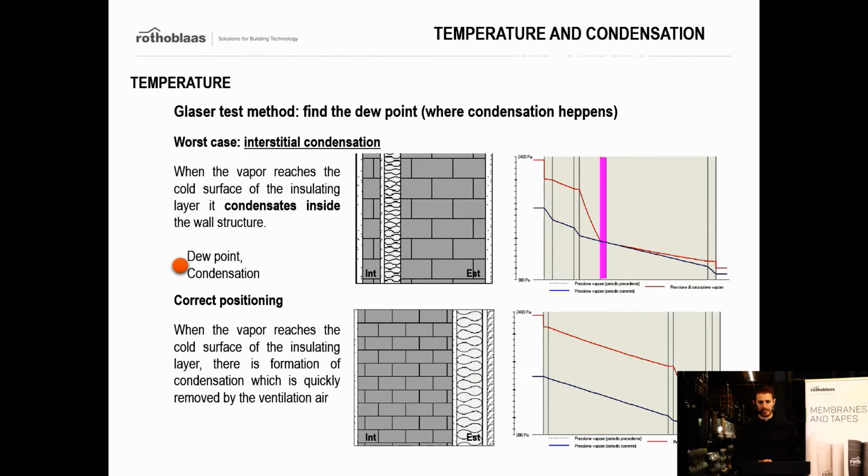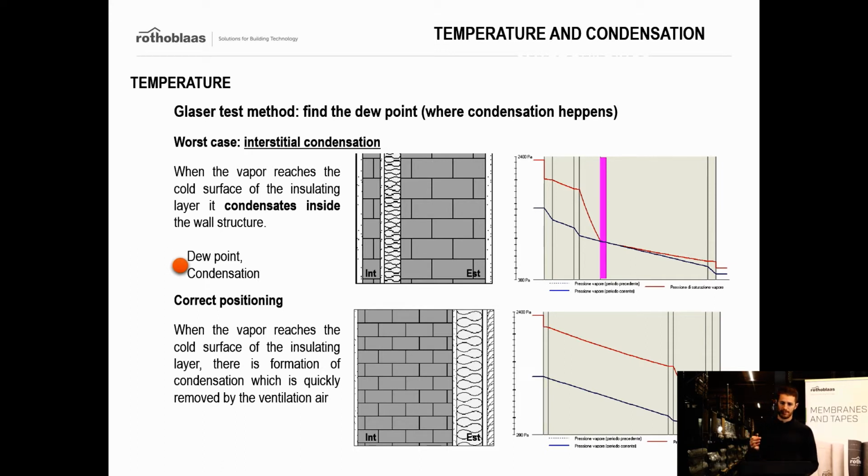So let's have a look at how to study the condensation inside a wall buildup. We study it through this Glaser test method, and that's a way to find the dew point inside a wall construction. So we can see in the graphic two lines. One of them is the vapor content, and the other one is the temperature.